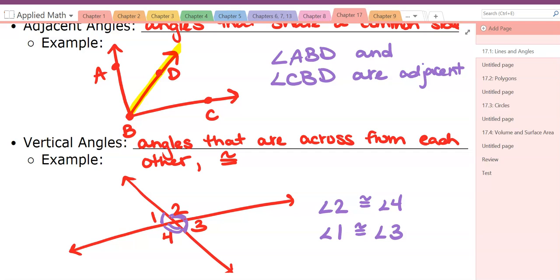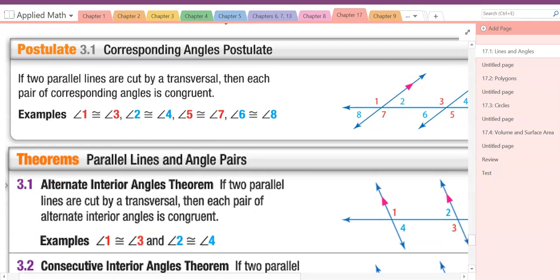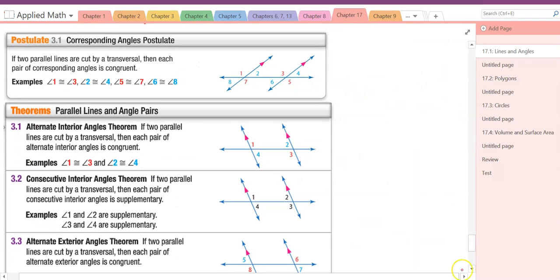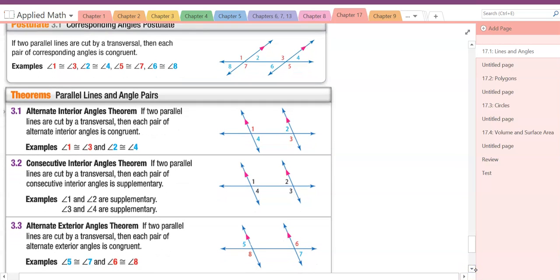Okay, so coming off of this transversal talk, going over what a transversal is and how it breaks these angles into different pairs. If you have parallel lines that are cut by a transversal, I've got some more theorems and postulates. Again, this is something that you talk about in geometry. I took this from an old geometry book, so it may have looked different to you when you learned about it the first time, but it all means the same thing.